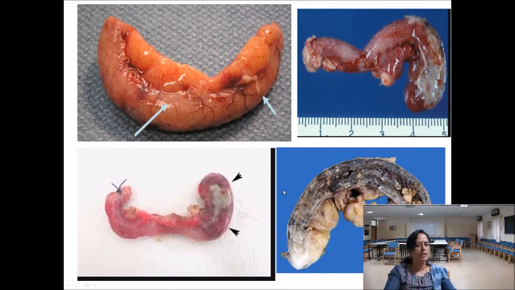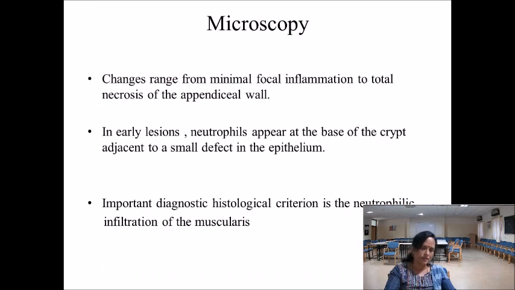I've shown you only acute inflammation, not a chronic or a recurrent inflamed appendix. Grossly we have seen all these features, but now we need to confirm microscopically whether it is chronic appendicitis or acute appendicitis, or what the microscopic pathology is.